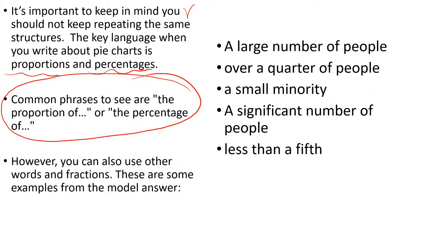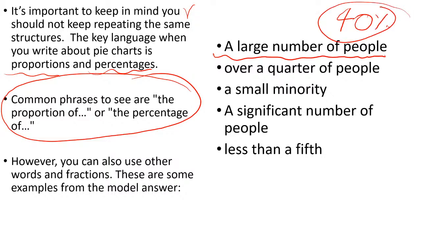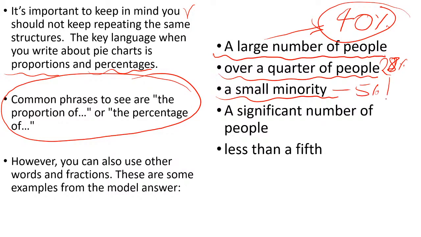As you have studied in the model answers, there was the phrase 'a large number of people'. Let's take an example: if 40% is the maximum number, we can write 'a large number of people'. 'Over a quarter of people' is for around 28%. 'A small minority' is for something like 5% or 6%.